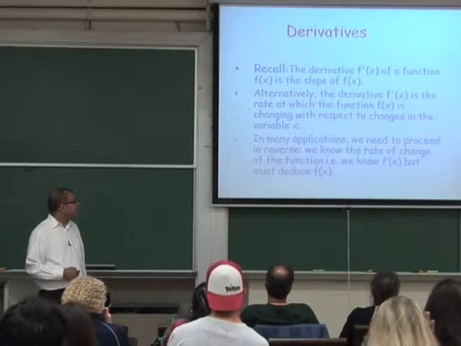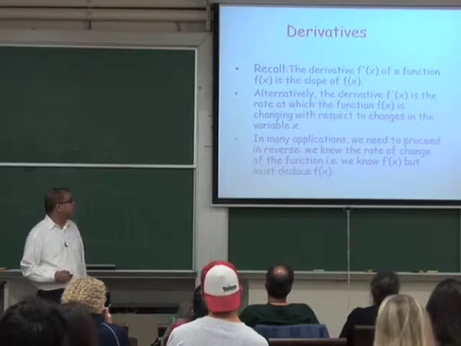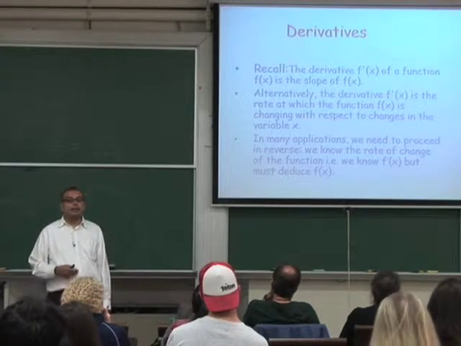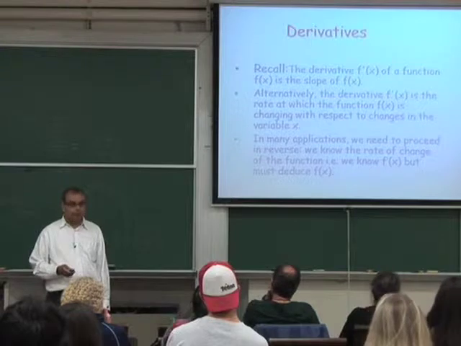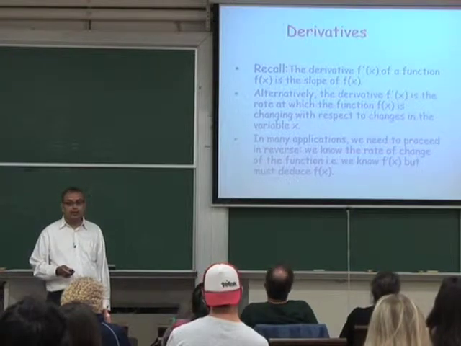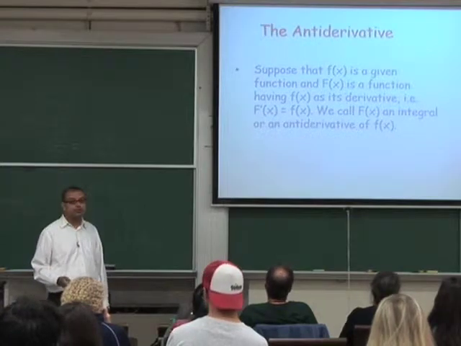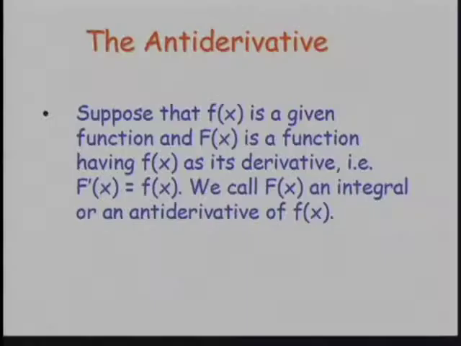Sometimes we know the rate of change, but we don't know the function itself. Okay? It turns out that when we have that situation, we're really looking for the integral. For a moment, let's talk about the antiderivative. Think of the antiderivative not as the integral, but simply as what you get if you reverse the process of finding the derivative.